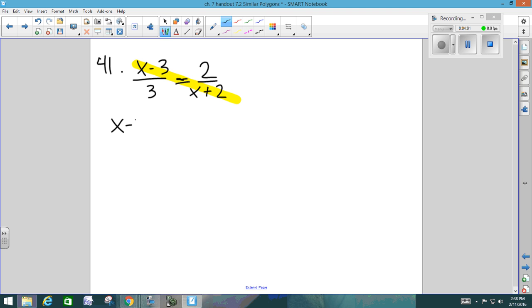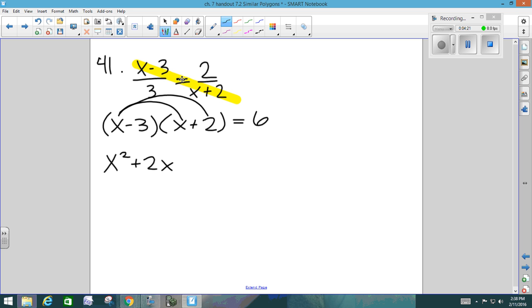So then x minus 3 times the quantity x plus 2 equals your means, which would give you 6. You have to distribute twice, because you have 2 terms out front. Distribute your x. What's x times x? Good. X times 2. 2x. Now I have to distribute the -3. So -3 times x is -3x. -3 times 2 is -6.